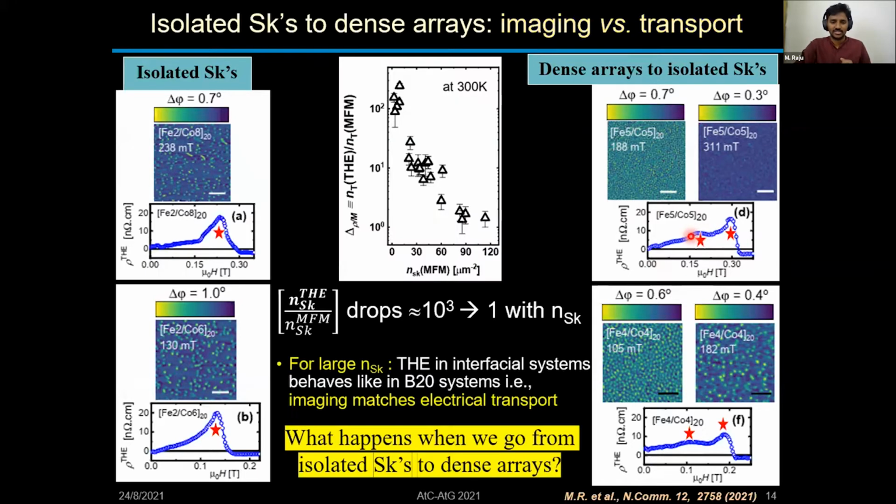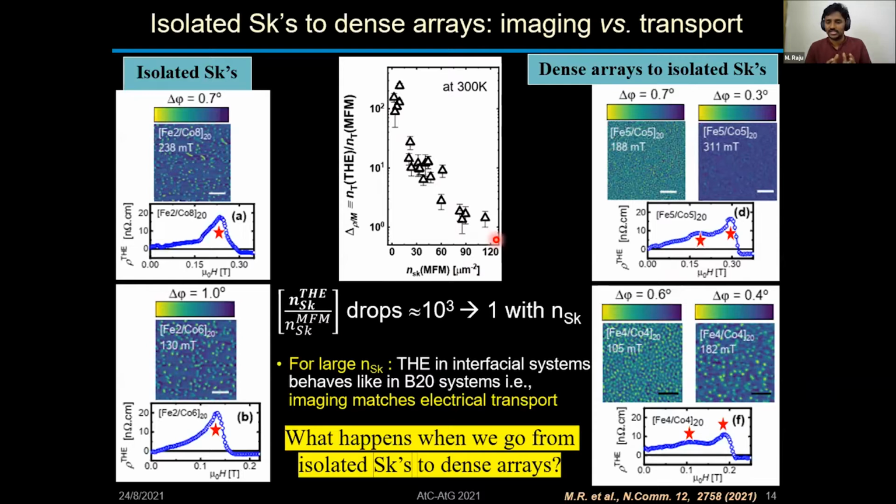And when we compute the quantity of interest, the ratio of Skyrmion density reflected in the transport versus imaging, we see a systematic drop in this ratio, approaching 1 as we increase the Skyrmion density.